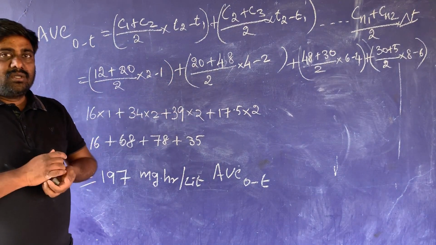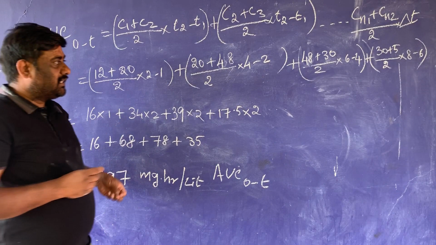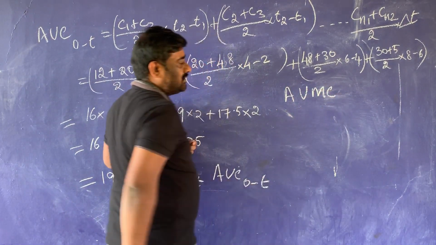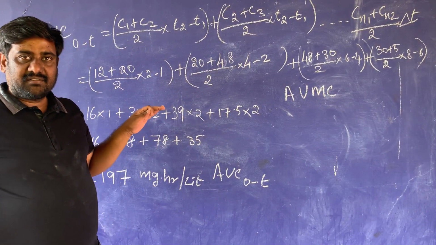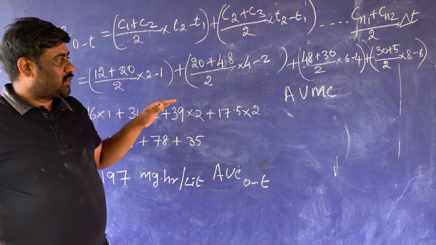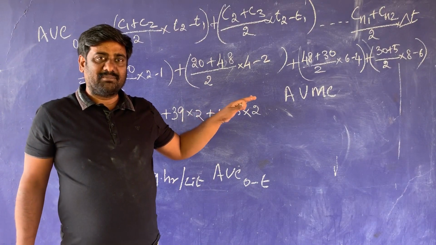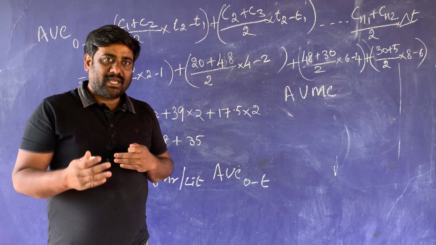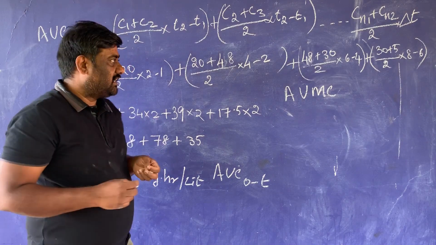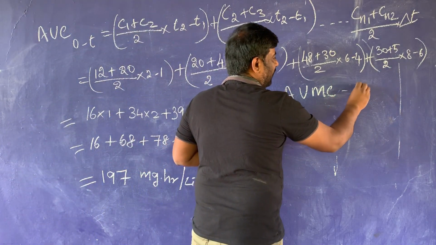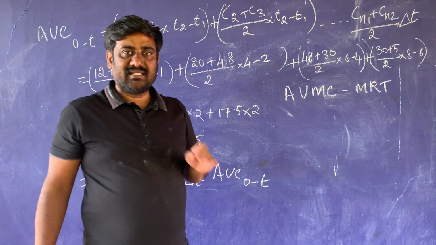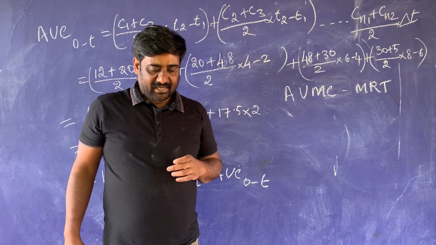So now by using this AUC, we can calculate AUMC. That means area under first moment curve. So why we wanted to check AUMC? Because the ratio between AUMC and AUC will give the value called MRT. So MRT is nothing but mean residence time.